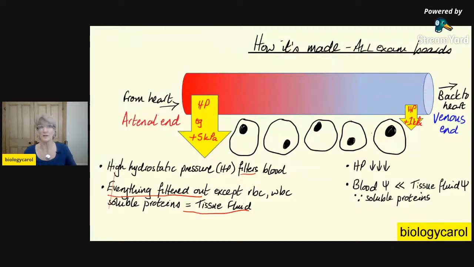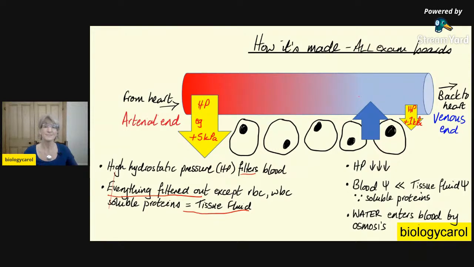And therefore, guess what happens? As soon as you hear the word water potential, you can kind of guess what's going to go on. Water moves down the water potential gradient from the tissue fluid into the blood. And this is the arrow that indicates water, as it were, being pulled into the capillary because there is a water potential gradient.